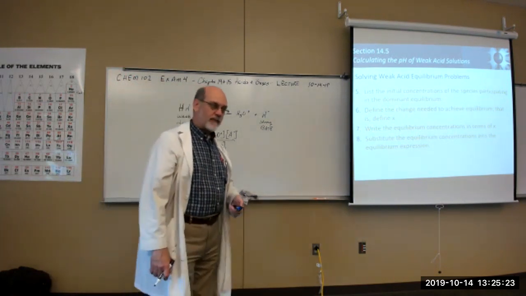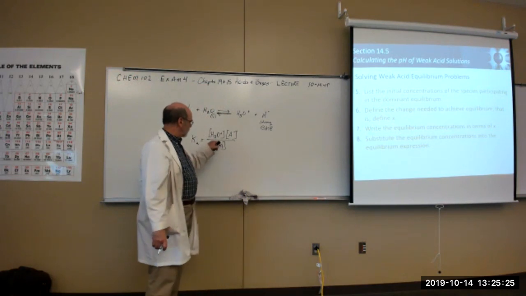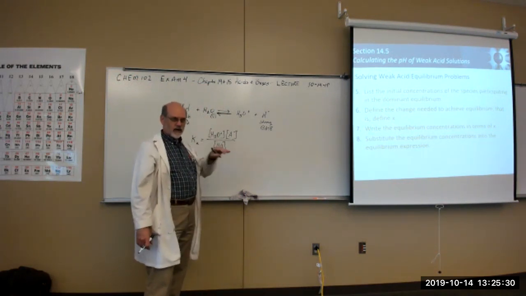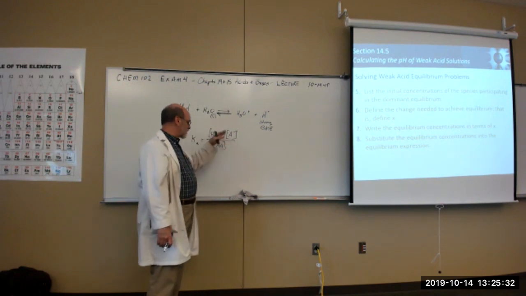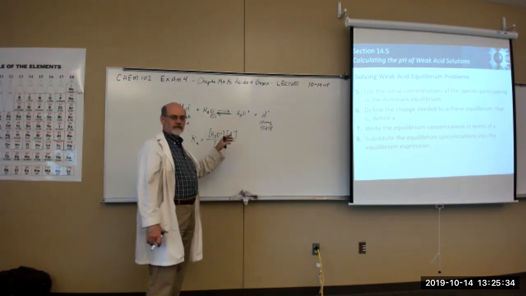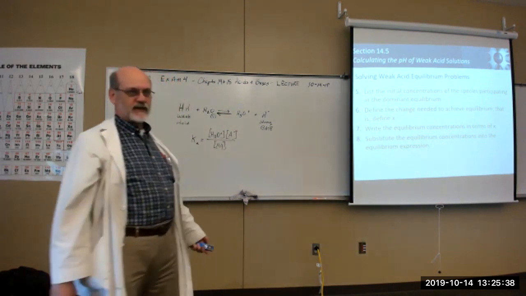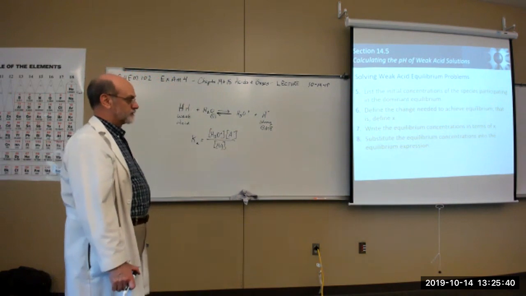And if X happens to be this value, then we're good. We got that value right off the bat. If it happens to be some other value, then we have to use it to figure the other ones. And that's what the ICE table helps us to do.